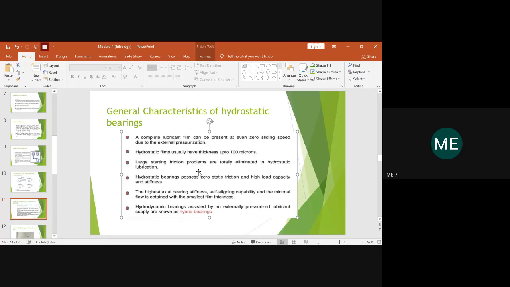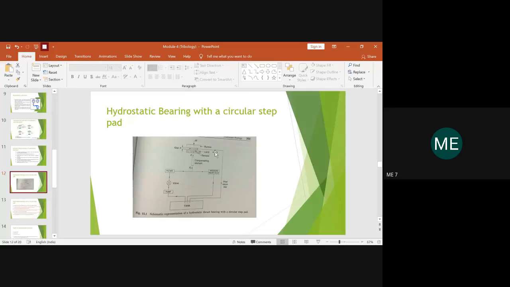Okay, so these are the key characteristics of hydrostatic bearings. So once the key characteristics and the formation of fluid film in a hydrostatic bearing are clear, now you should understand how the entire process comes into picture in a hydrostatic bearing.